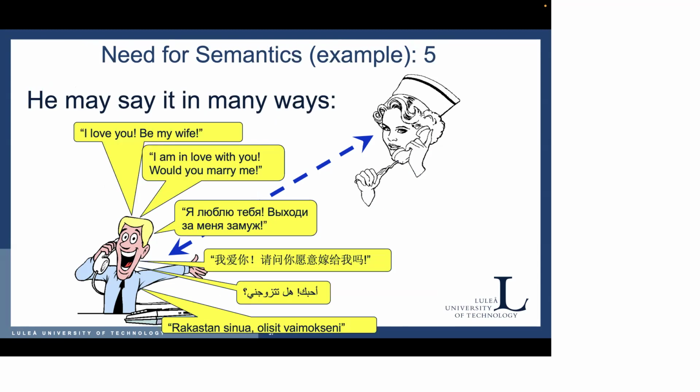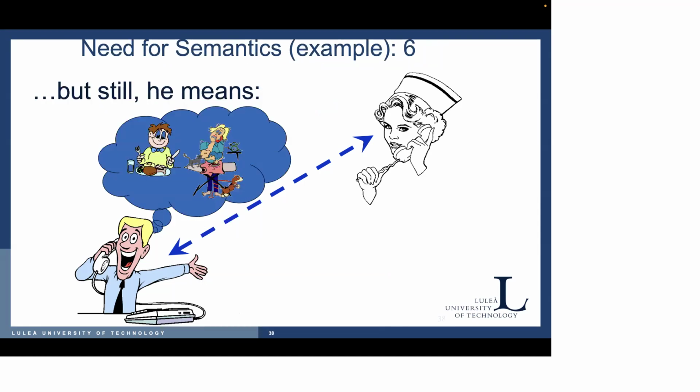And then the problem is that this message can be communicated in many different ways, like in synonyms or languages and such. But still, again, the common denominator is some content of what the actual meaning is, what is attempted to be conveyed.